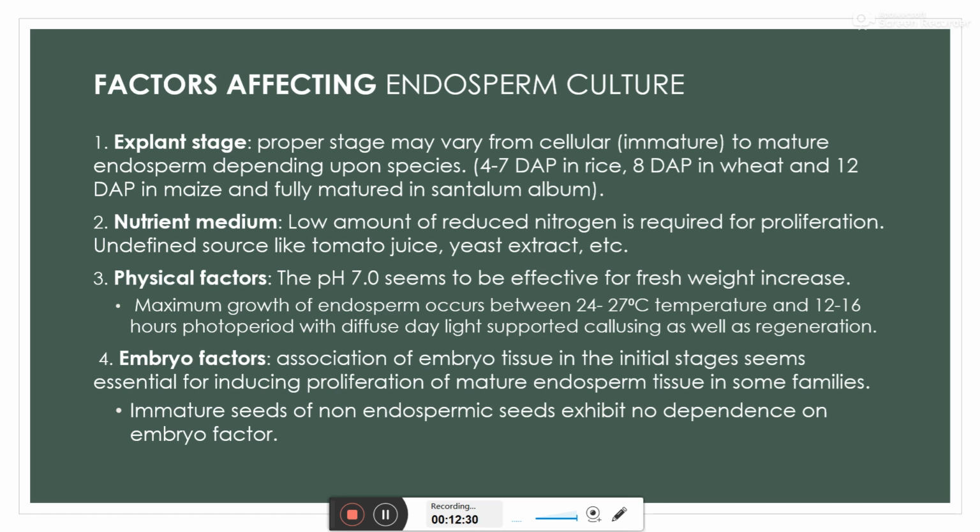So the association of embryo tissues seems to be essential in mature endospermic seed, whereas in immature seeds or immature endosperm culture, the embryo factor does not matter, as embryo tissue is not essential in immature endosperm culture.